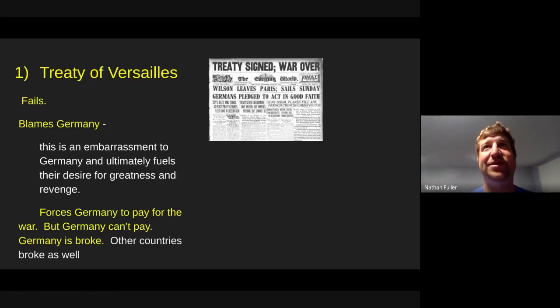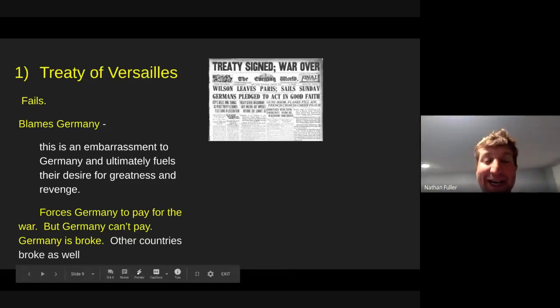So in order to help repair their economy, they print more money, prices go up, their money is worthless, and basically the fact that Germany is unable to repay other countries creates a big, major worldwide depression. That's why it's a Great Depression. And we don't cover the Great Depression in this class much other than it happened, and it leads to World War II. But you will get that in American history, okay?